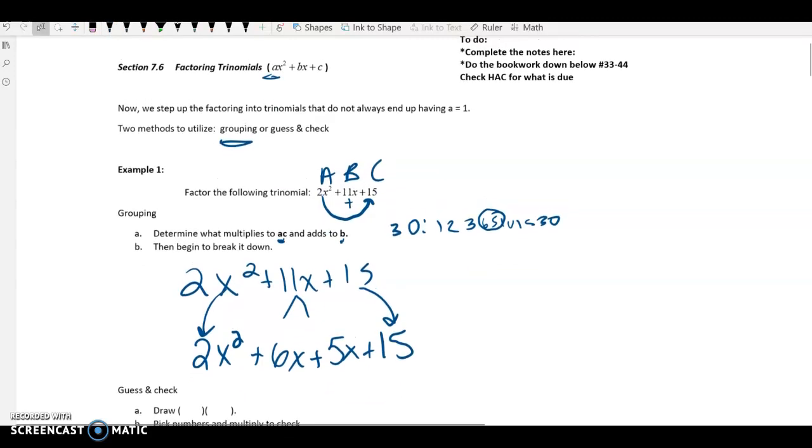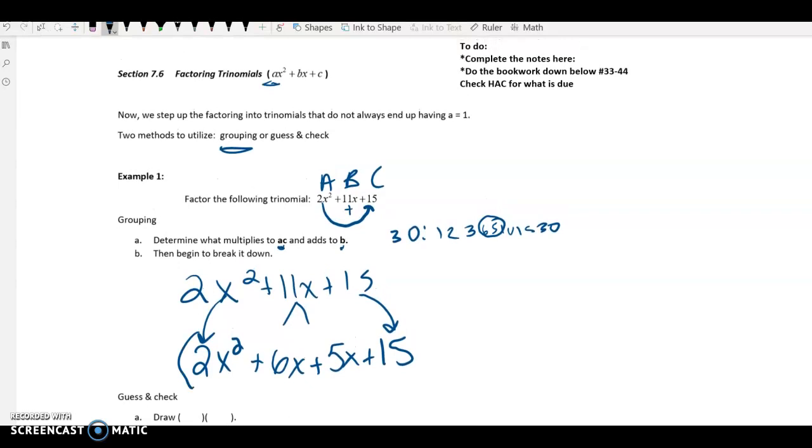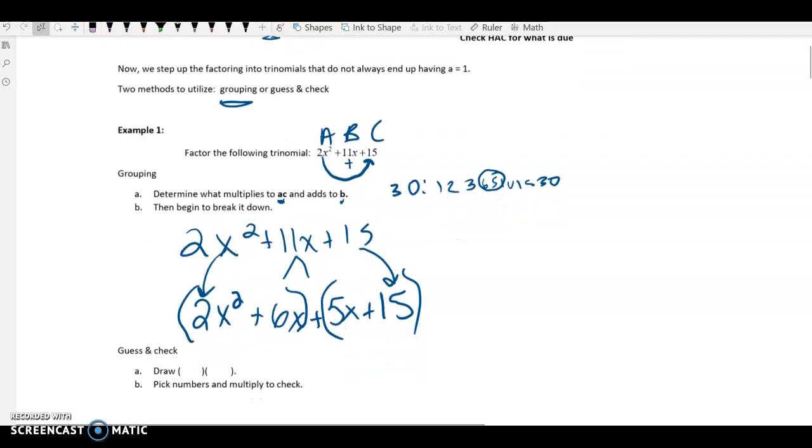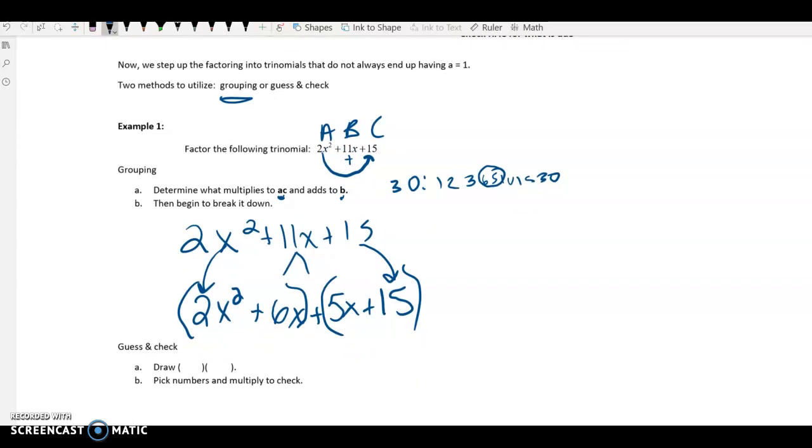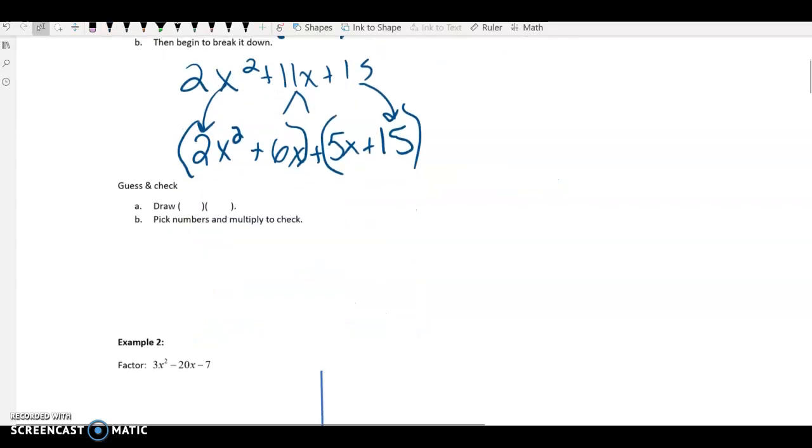What we're going to do now is something called grouping. So I'm going to draw my brackets around those numbers, and think GCF. Can anything come out of this first group? Yes. The GCF is 2x. What's left in parentheses will be x, and when I take 2x out of 6x, I have 3.